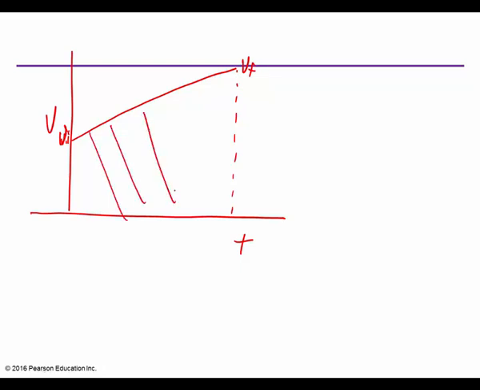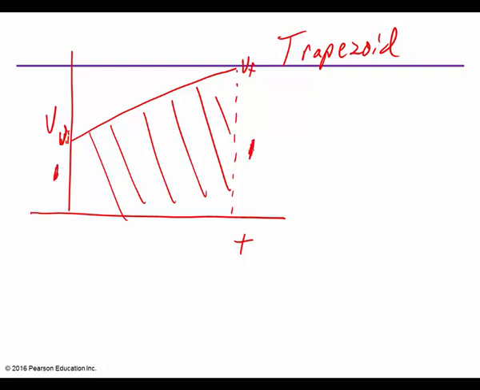What is that particular shape? Well, that is a trapezoid. Does it meet the definition of a trapezoid? Well, it's a quadrilateral that only has two sides that are parallel. So yes, it does. We have this side that's parallel to this side.